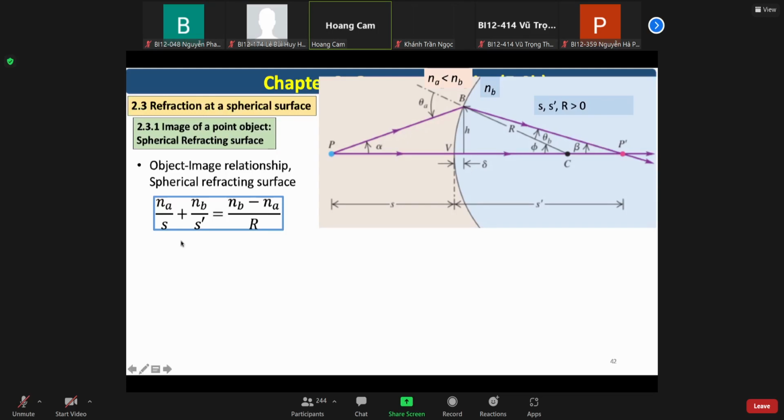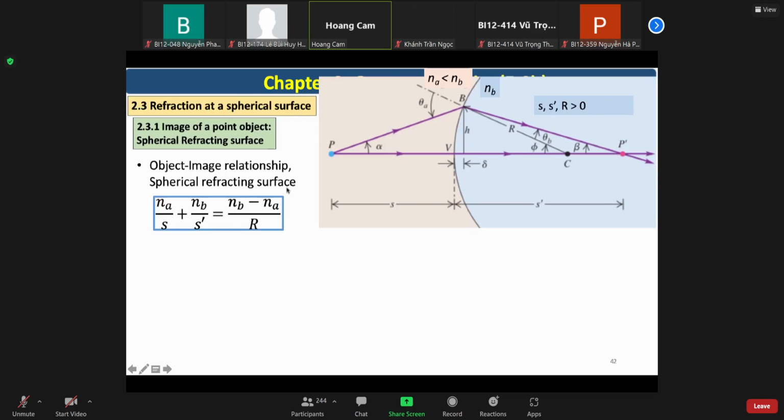So I would suggest that you see the refractive index corresponding to the object: the object is in that material. See here, the image is in the second material, so we got NB over S prime.